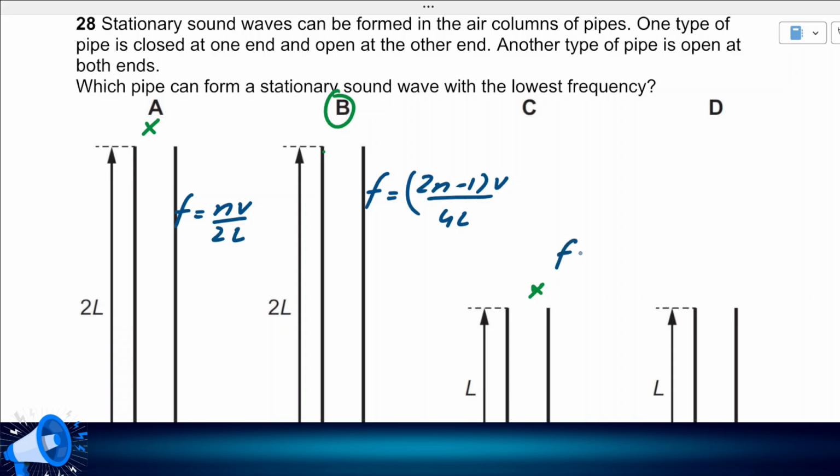Third one, once again, the general formula is nv over 2L. The last one, the general formula is once again (2n minus 1) times v over 4L. These are the general formulas of these cases.